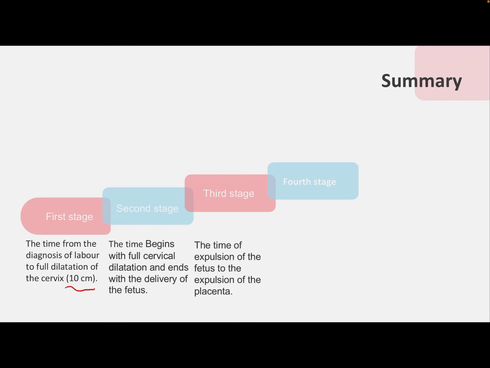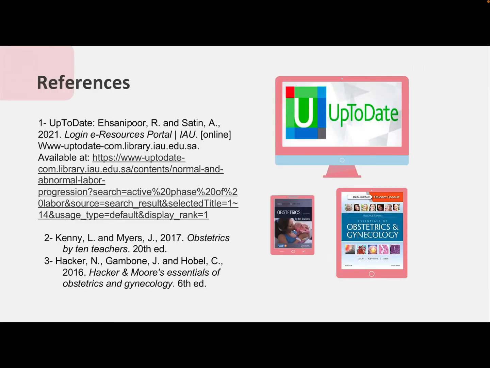Then the third stage is the time of expulsion of the placenta. And finally, the fourth stage is the time when the uterus regains its tone and begins the process of involution.